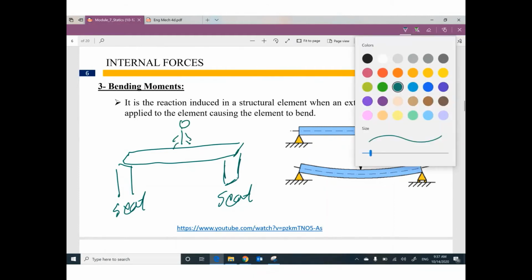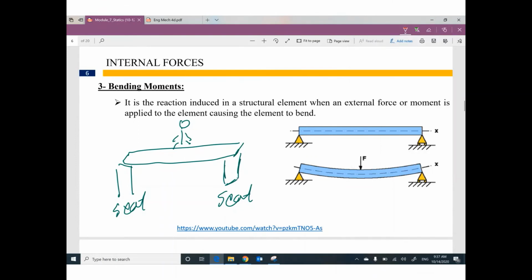What do you expect? I'm not expecting failure. I'm not expecting this piece of wood to break. No, the piece of wood is strong, and you are not too heavy. So I believe this piece of wood will bend like this.